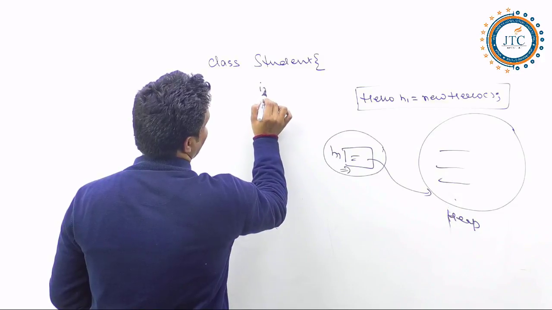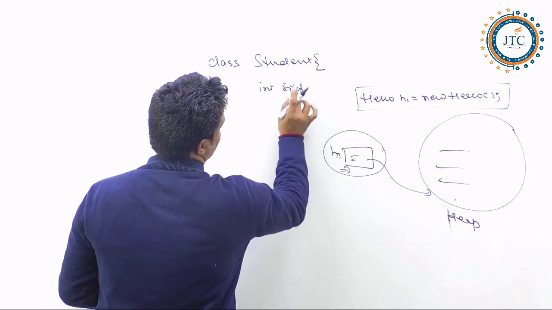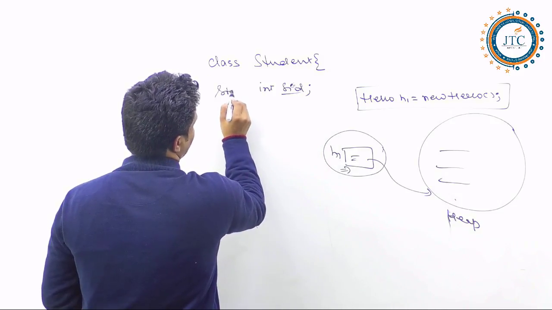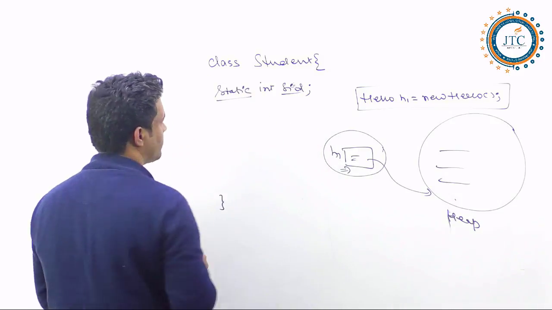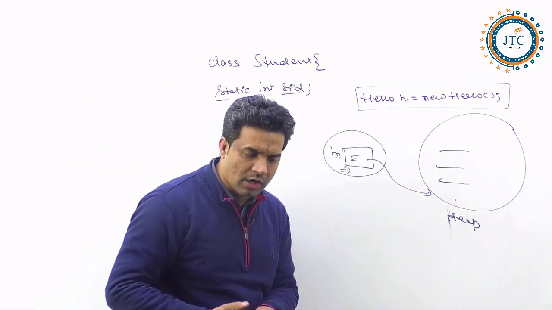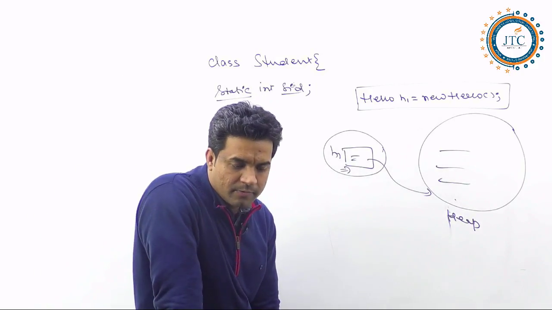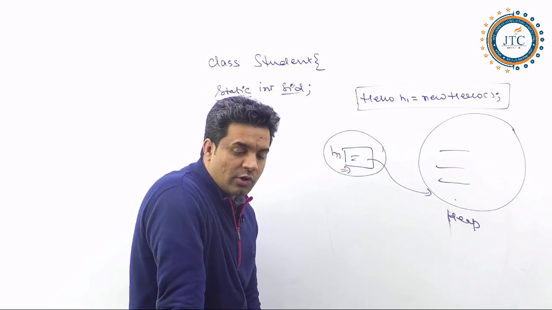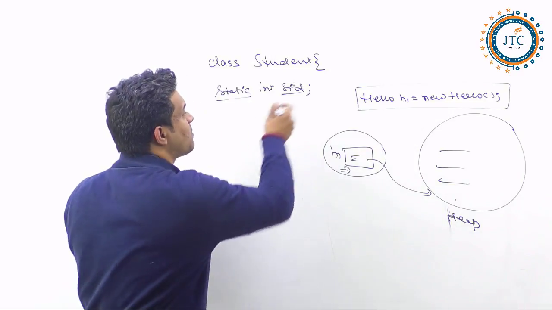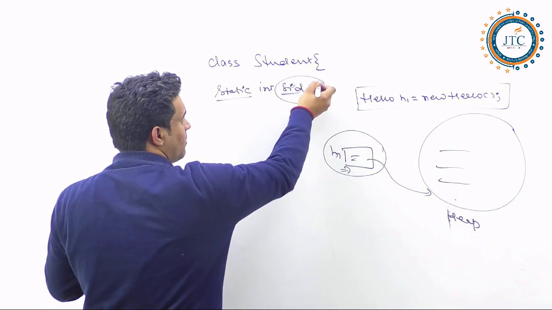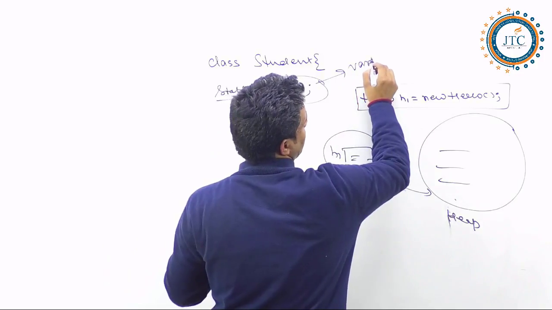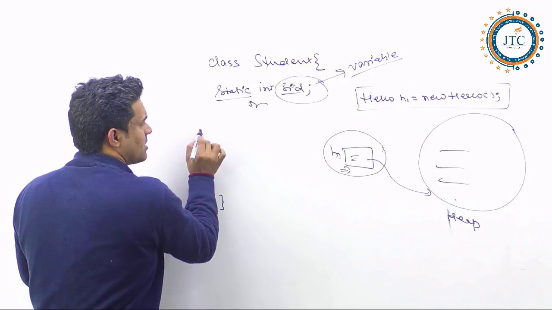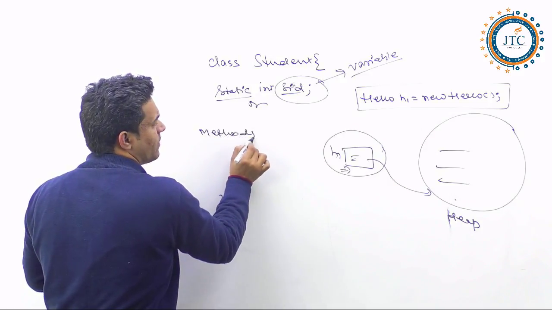Let's say here int, suppose you are writing some SID or some ABC, any feature, and if you are writing something called static, this property of a class, either it is a variable or some kind of method you are defining inside this class.